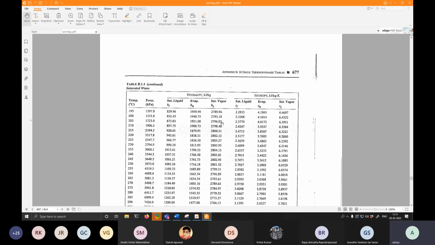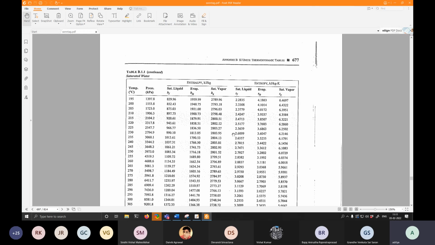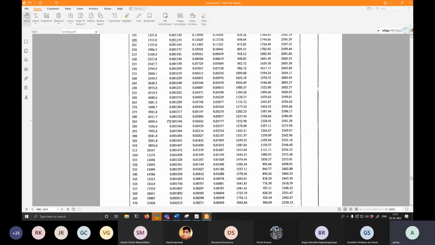The entropy data we will come to when we cover chapter 7, so there's time for that. But for now, we are more concerned about enthalpy, that is H, and the internal energy.